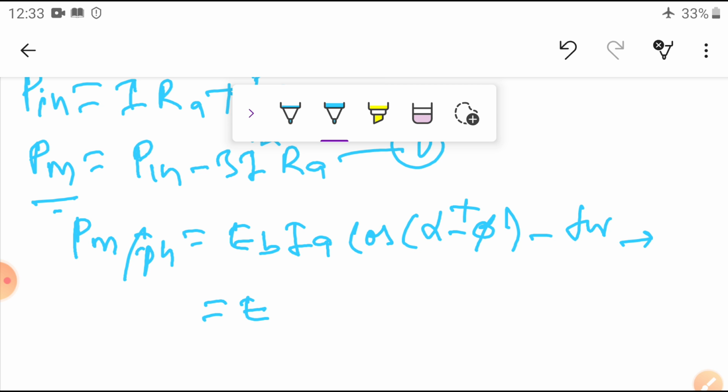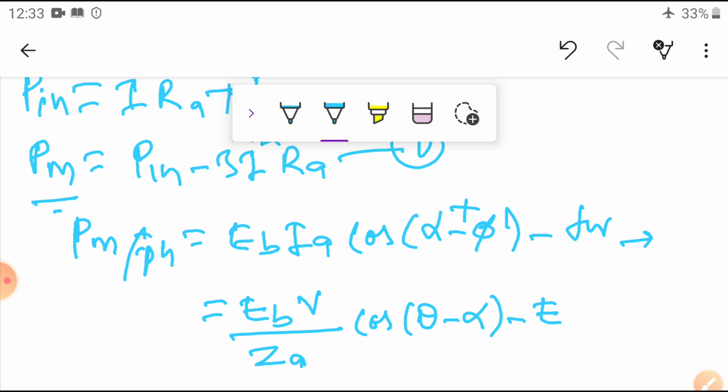In terms of impedance, PM per phase is equal to Eb times the applied voltage V divided by the synchronous impedance Zs, times cos(theta minus alpha), minus Eb squared by Zs times cos theta.